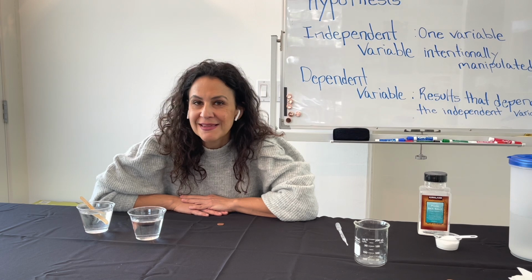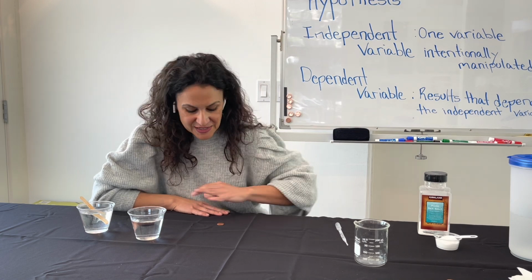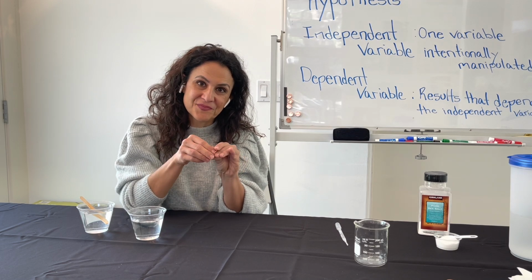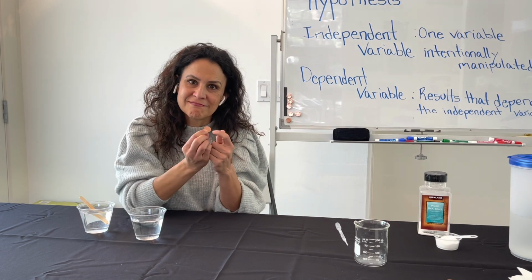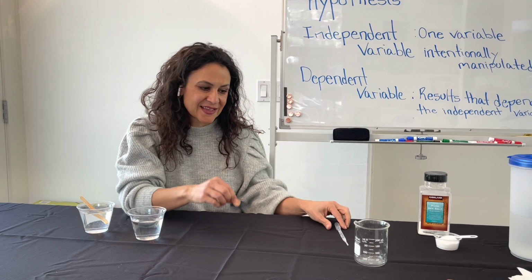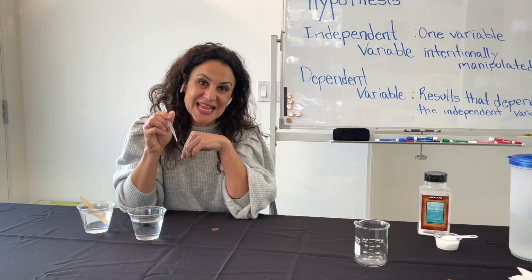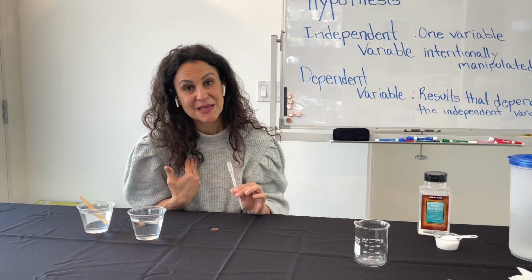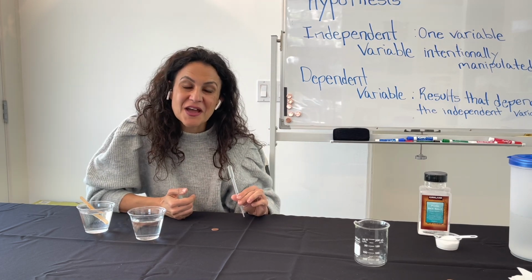We didn't change anything else. I kept my penny the same, used the same head of the penny, used the same way to dispense my drops. And it was the same person dispensing the drops each time.